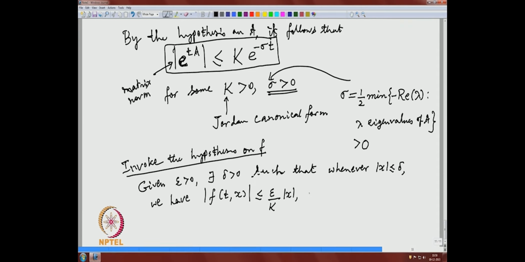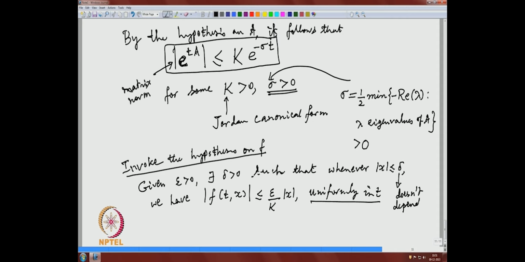Uniformly in t means that this delta does not depend on t.